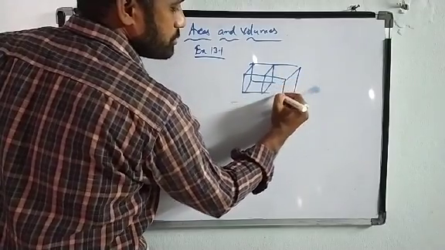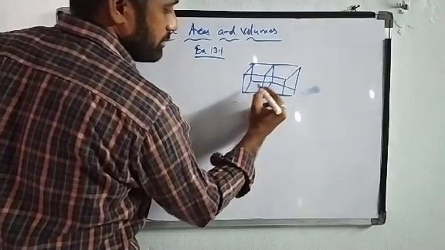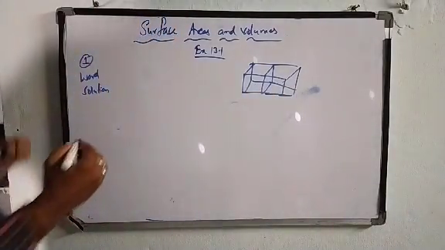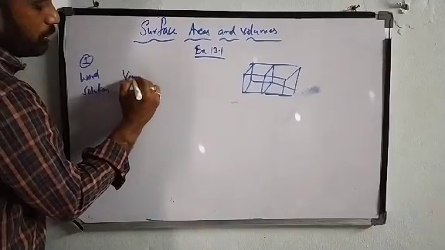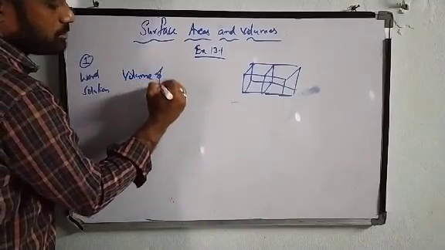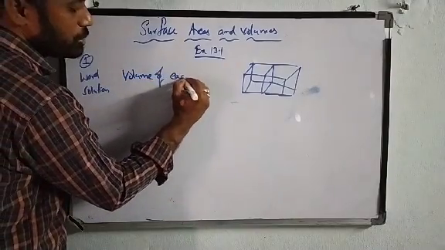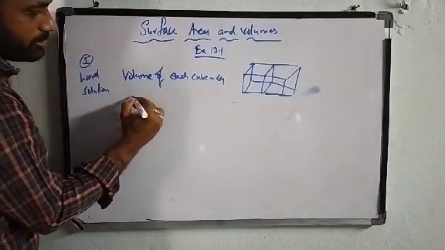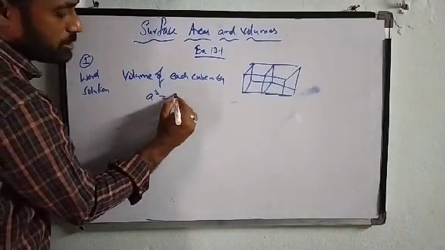So these two cubes we are joining for one end. So given length, breadth, two cubes of volume 64 centimeter cube. So volume of each cube is 64. So a cube is equal to 64.